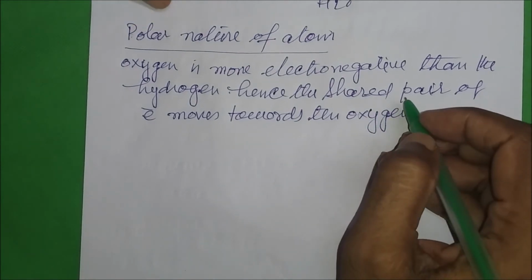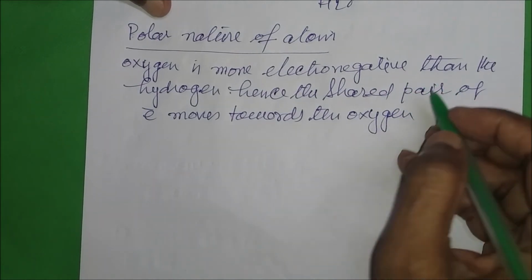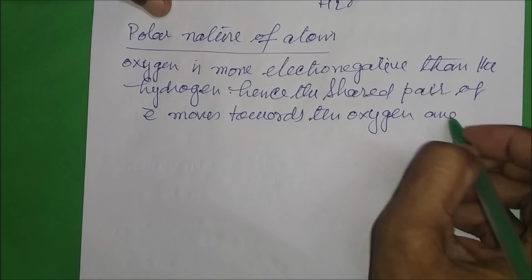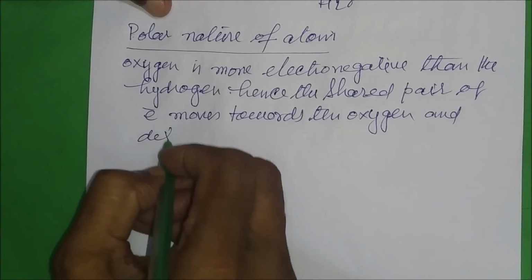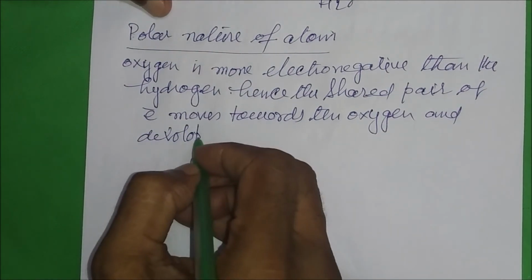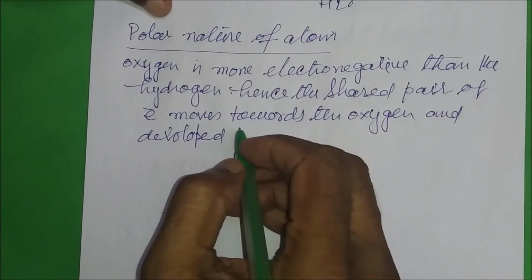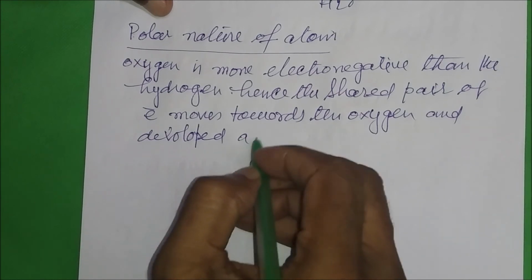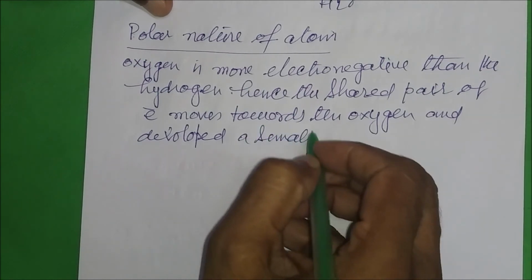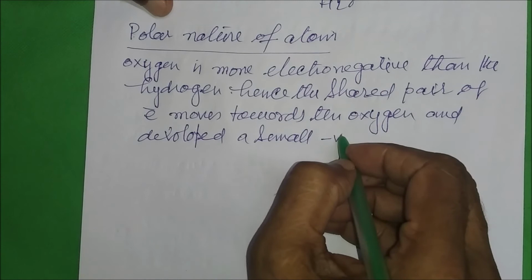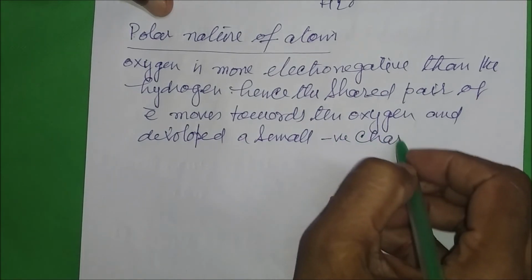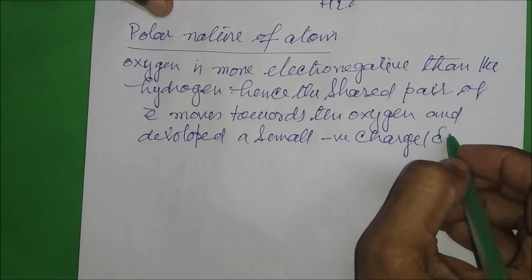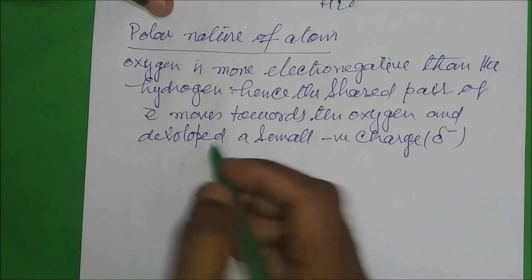The oxygen develops a small negative charge, right, which is known as delta negative. That is also the symbol for that.